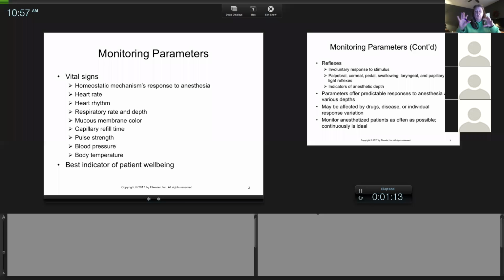So that's anesthesia: working the problem. It's assessing the situation. So first of all, are your vital signs the body's homeostatic response to anesthesia? Is the body responding? You have to look at your heart rate and your rhythm, respiration and how deep they're breathing, color, refill time, good pulses, look at your blood pressure, temperature.